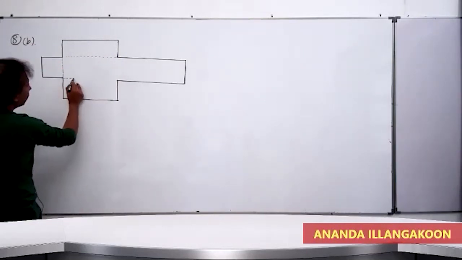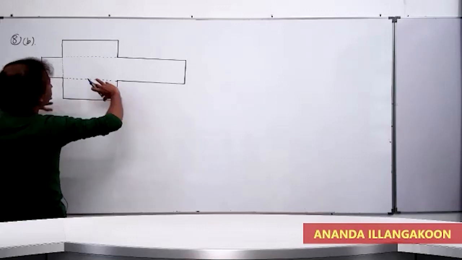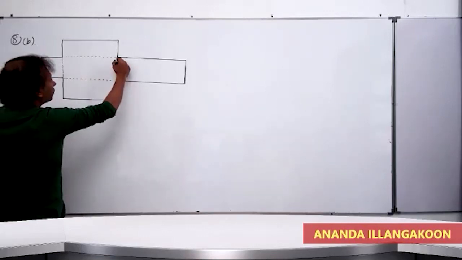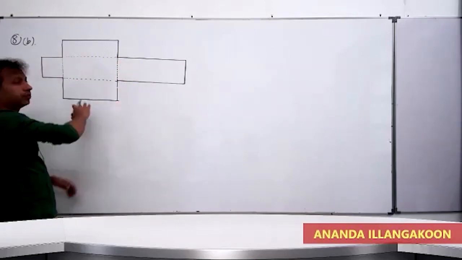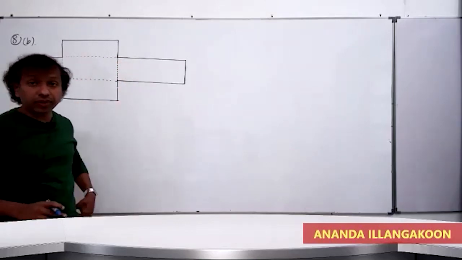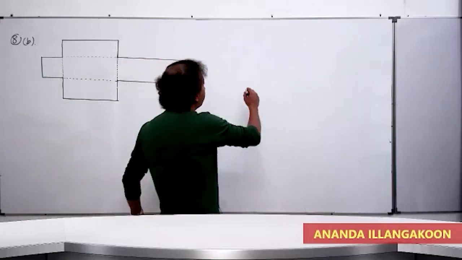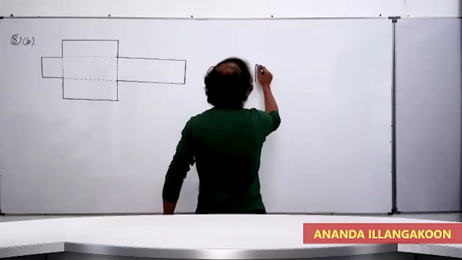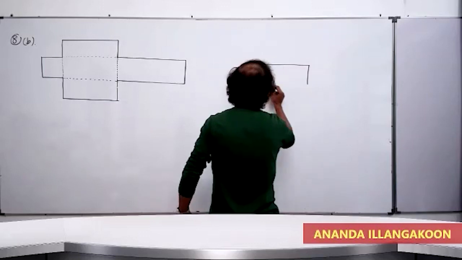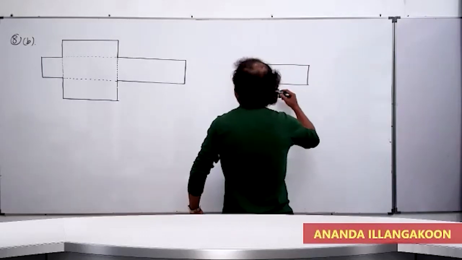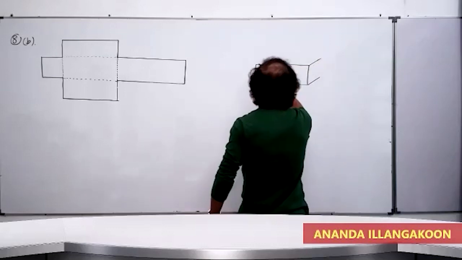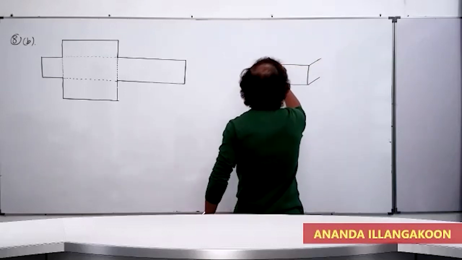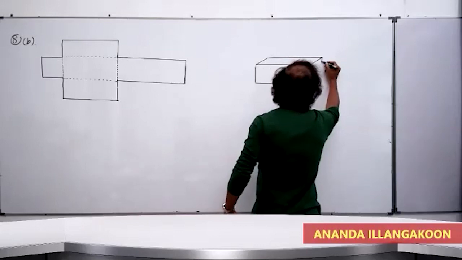Along this, folded up like this, and along this, it is folded up like this. Then what kind of box is coming, people? You see a box is coming this way.